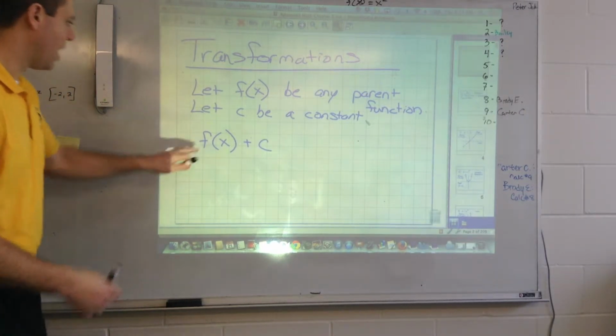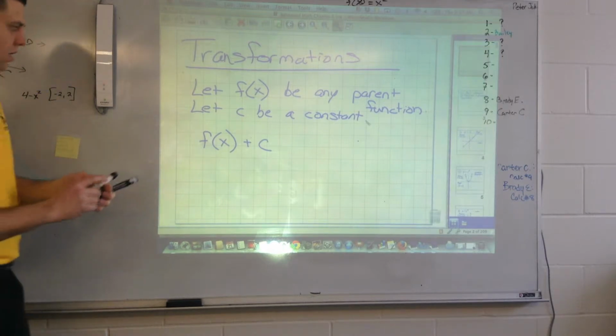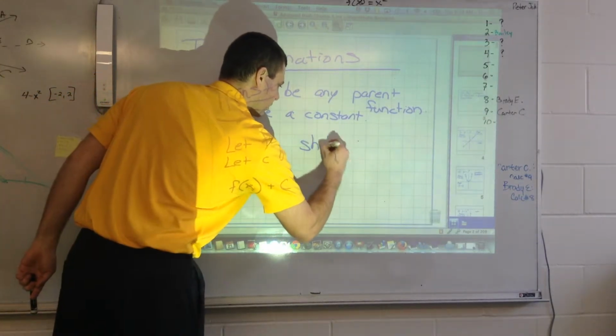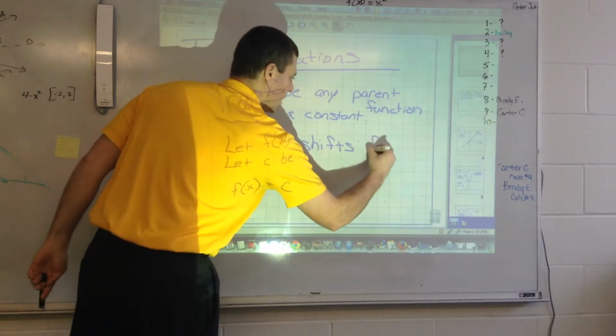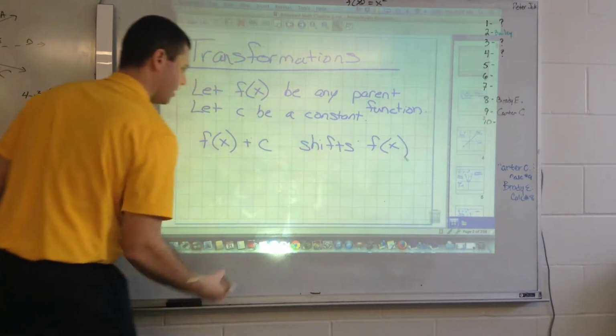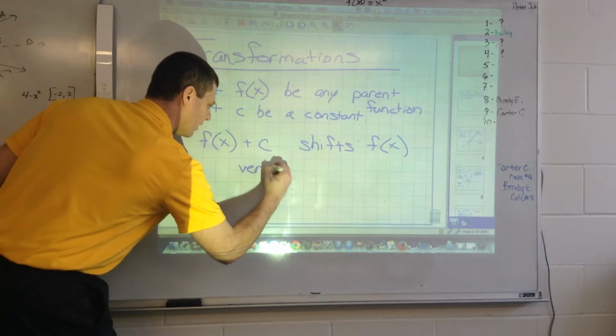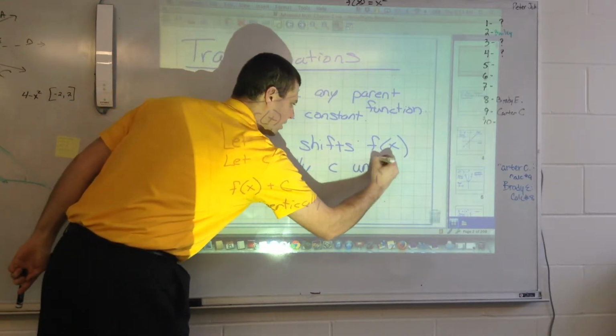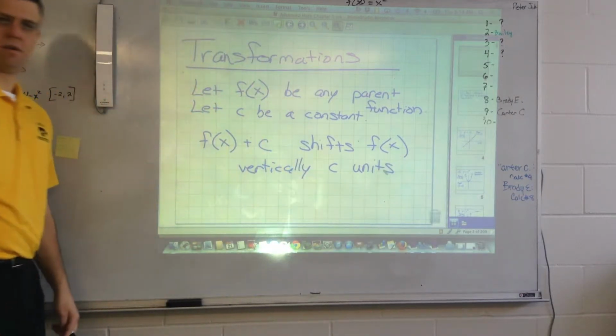So f of x plus c shifts f of x vertically c units.